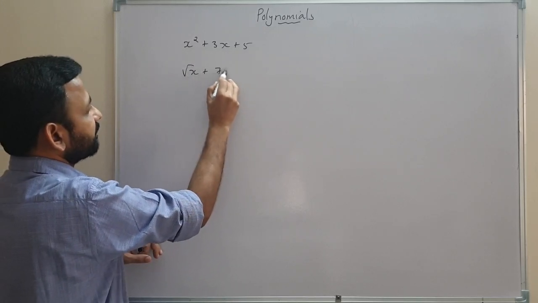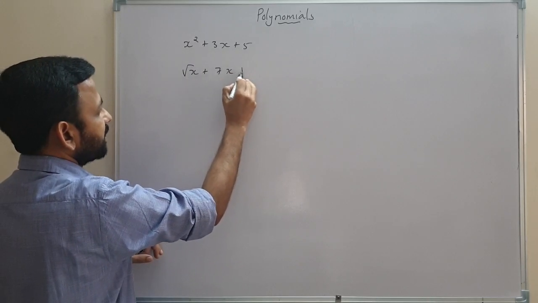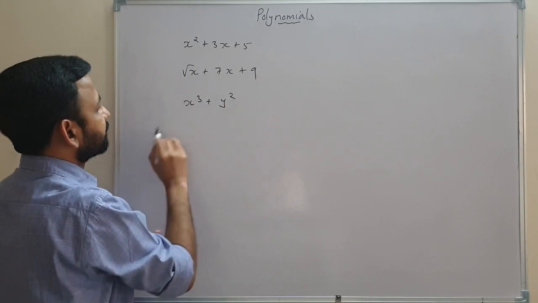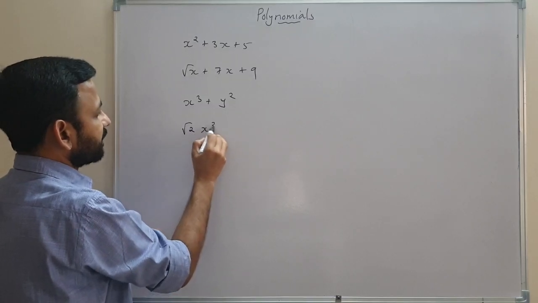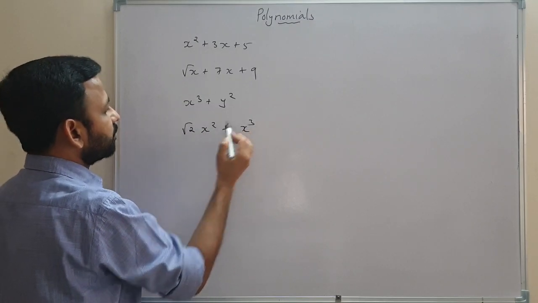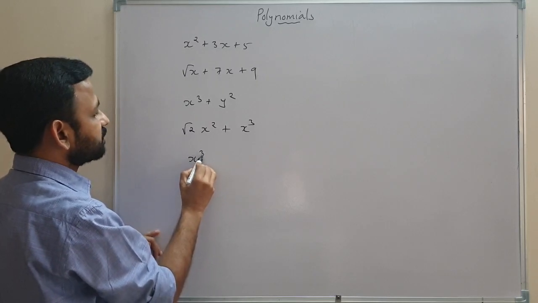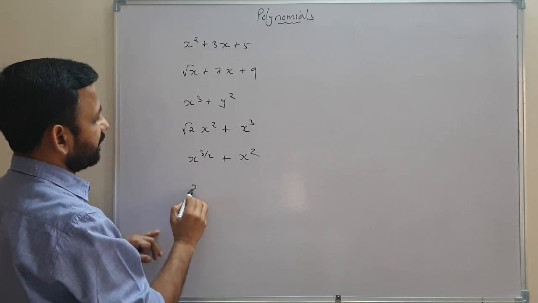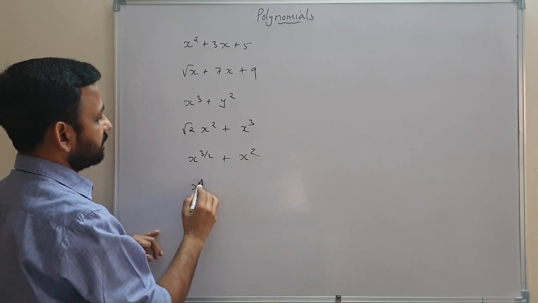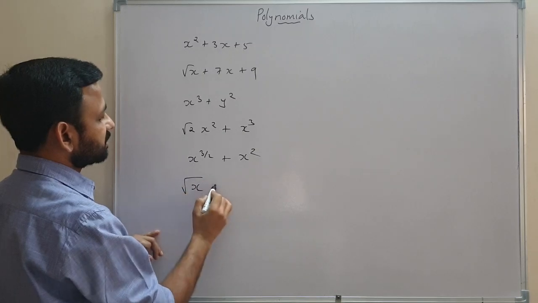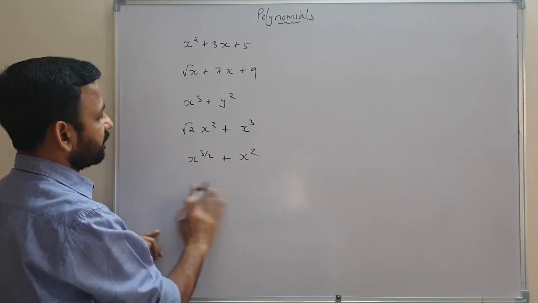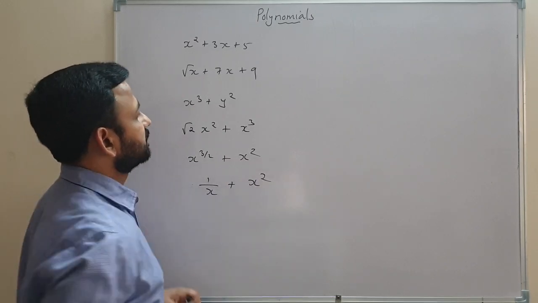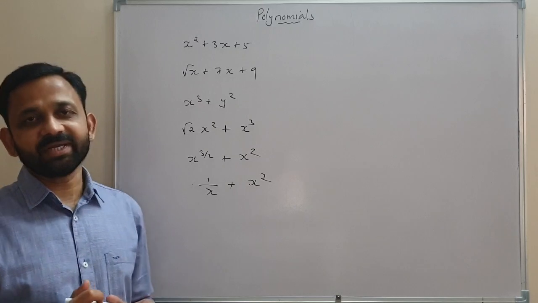Root x plus 7x plus 9, x cube plus y square, root 2 x square plus x cube, x raised to 3 by 2 plus x square, root x, 1 upon x plus x square. So these are examples of algebraic expressions.